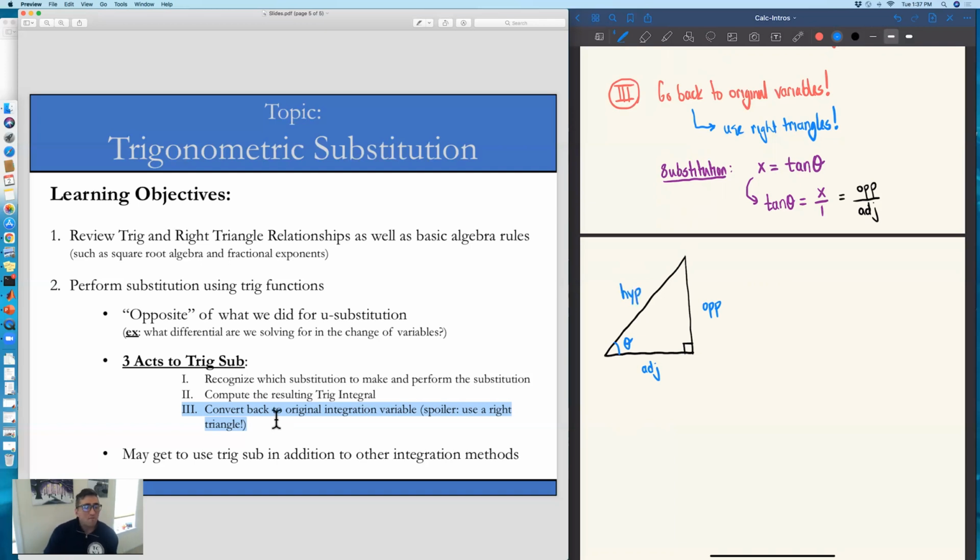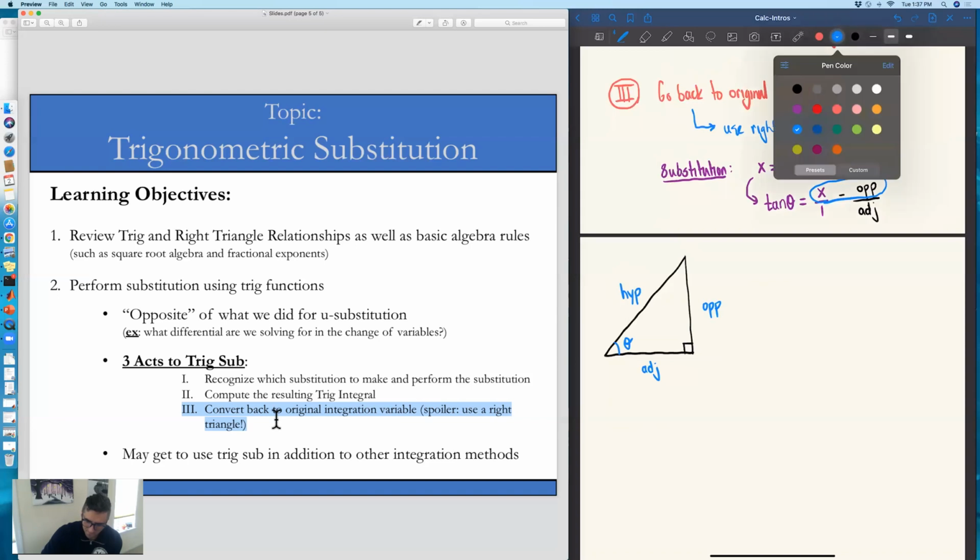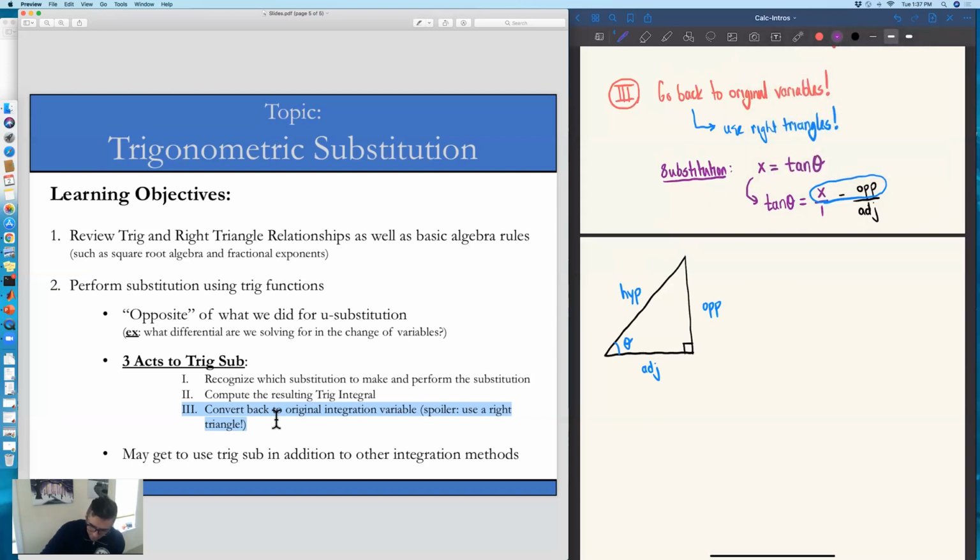So what we know from our original trig substitution that we did was tangent of theta equals x over 1. So in this case, what that means is, well, opposite is equal to x. And then the adjacent side is equal to 1.